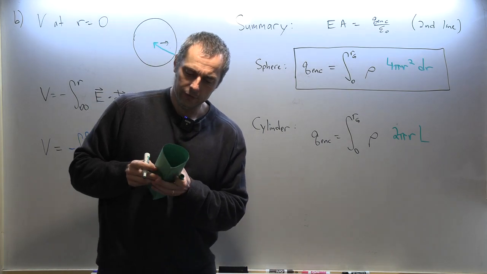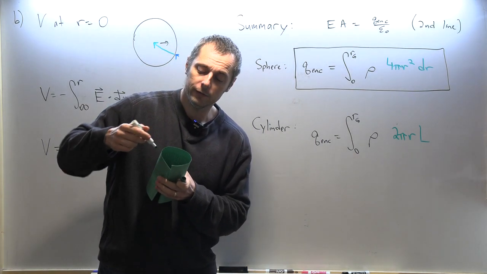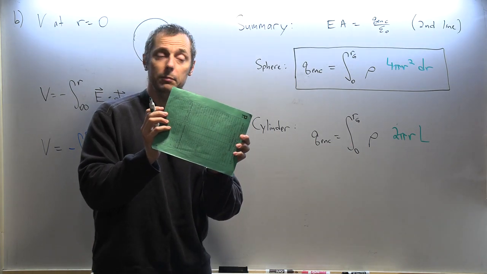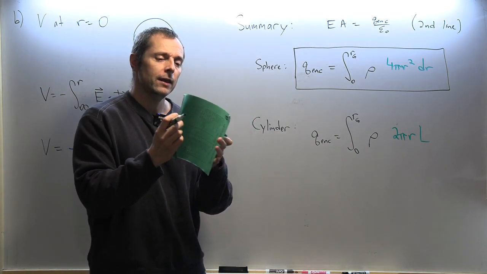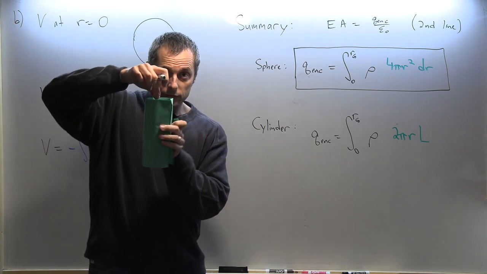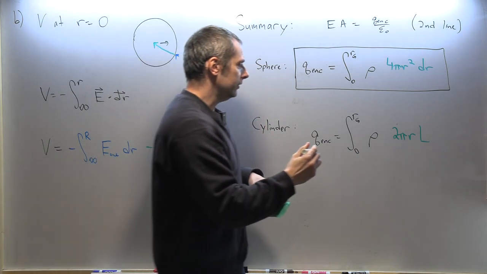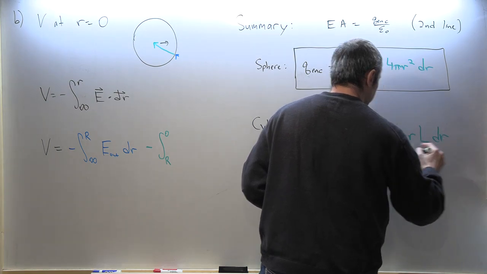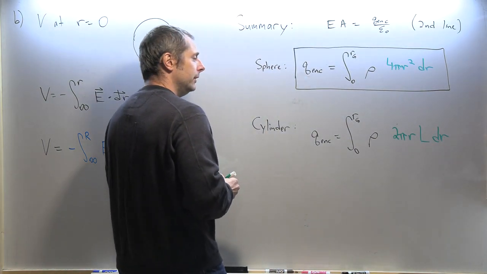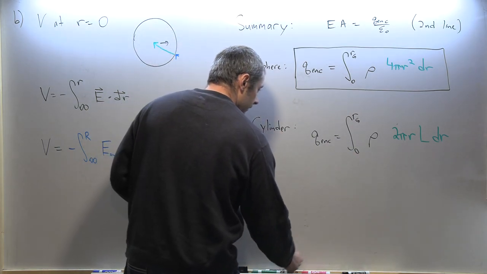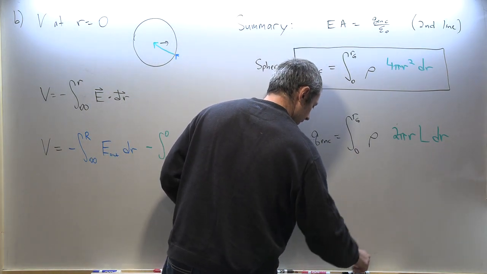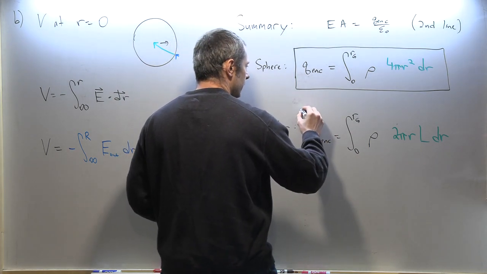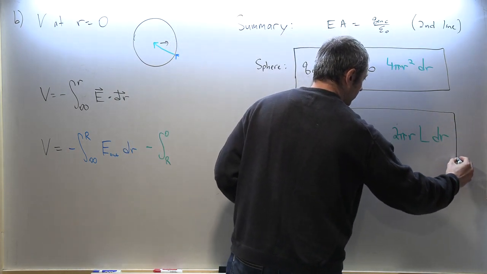This side of the cylinder is 2 pi r, and the other side of the cylinder is L when you open that up. So surface area times the thickness of this shell dr. So again, this will change, but that other part, dV right here, is always the same when you're calculating Q enclosed.